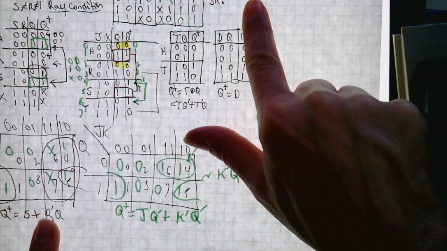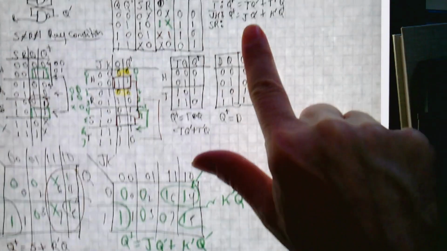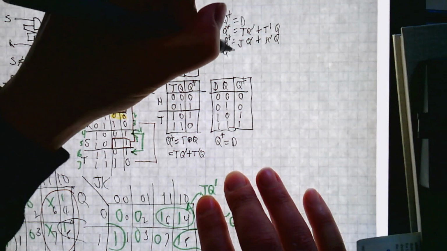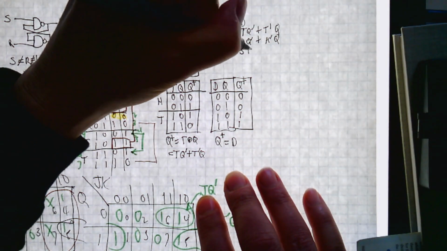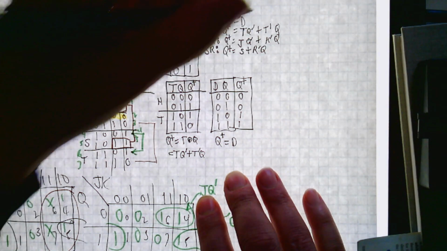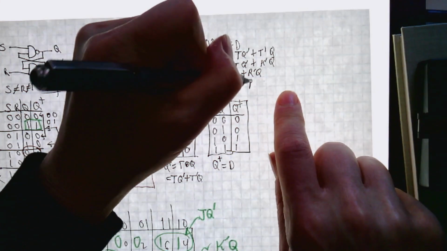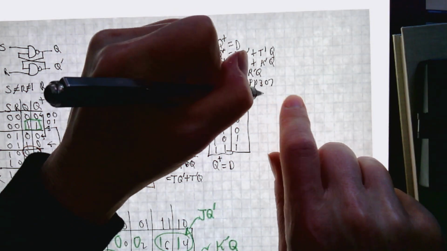Can you see that down there? Yeah, I gotta move the paper up, and then I gotta move it down. So now I've got Q plus equals S plus R prime Q. That is on page 307 of CATS.